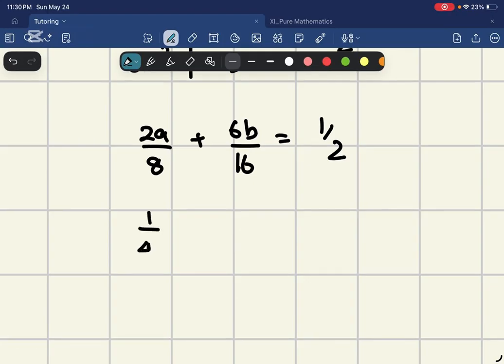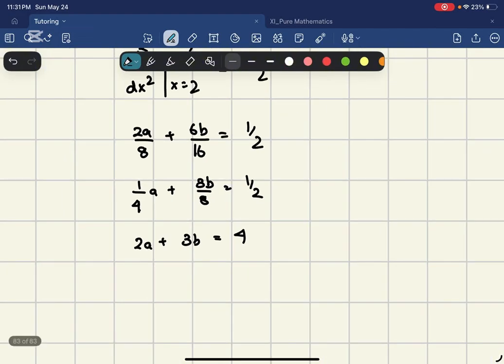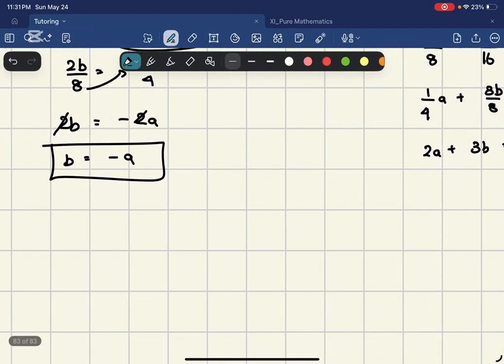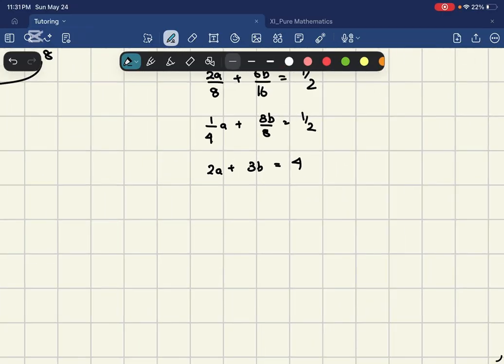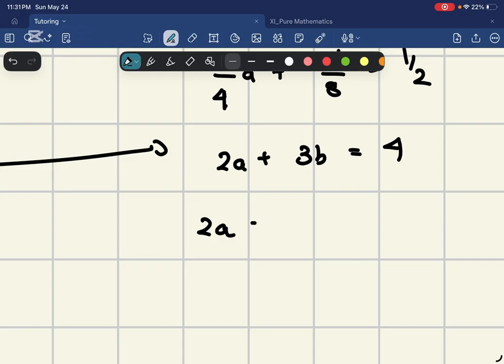So 1 over 4a plus this is 3b over 8 is half. Now let me multiply by 8 on both sides, and that gives me 2a plus 3b is going to be 4. But remember, b is just negative a. So now when I substitute this here, I encourage you to try the simplification on your own. You get this.